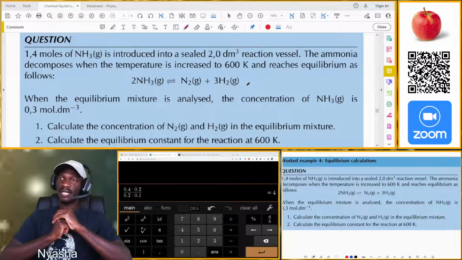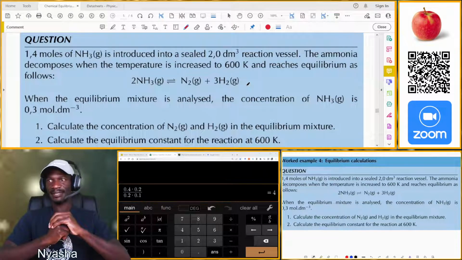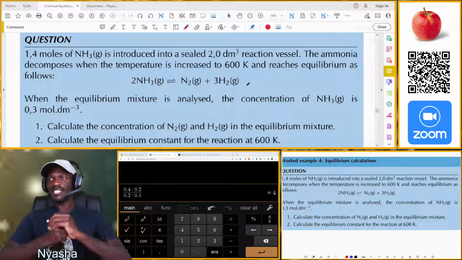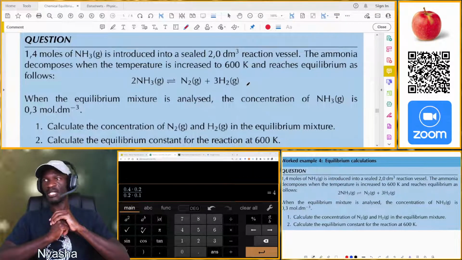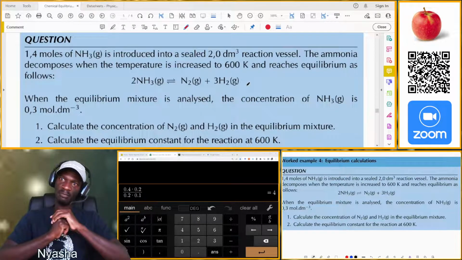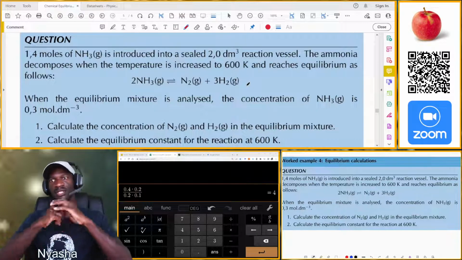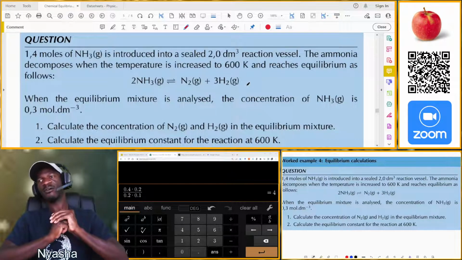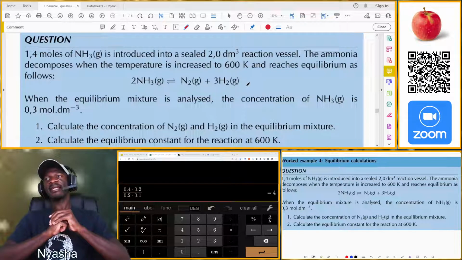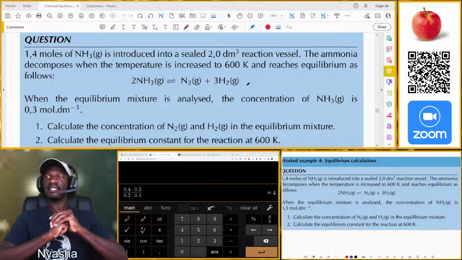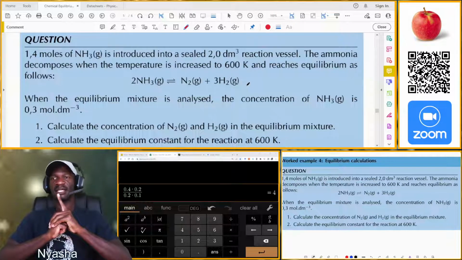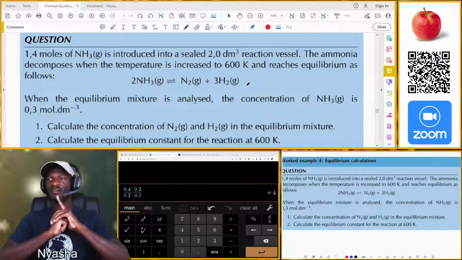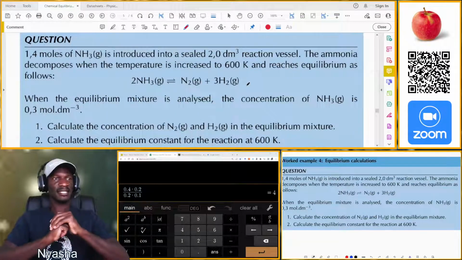When the equilibrium mixture is analyzed, the concentration of ammonia is 0.3 mol/dm³. Calculate the concentration of nitrogen gas and hydrogen gas in the equilibrium mixture, and then calculate the equilibrium constant for the reaction at 600 K.